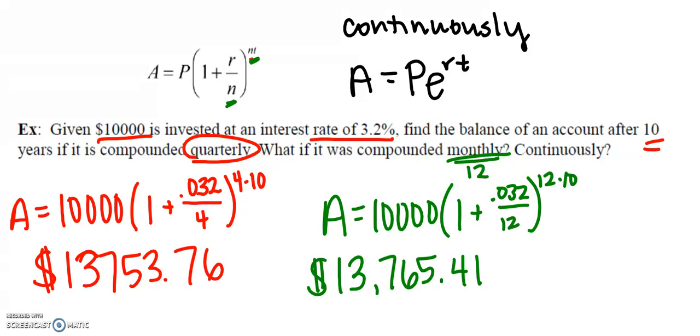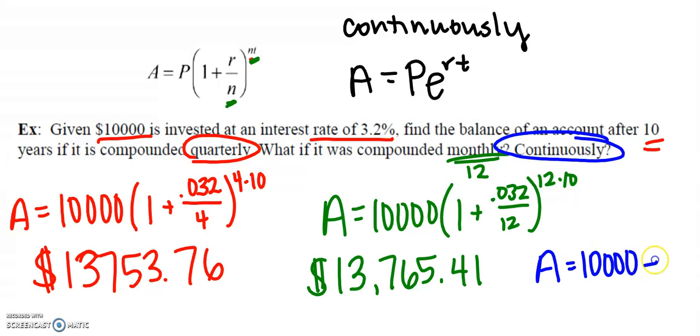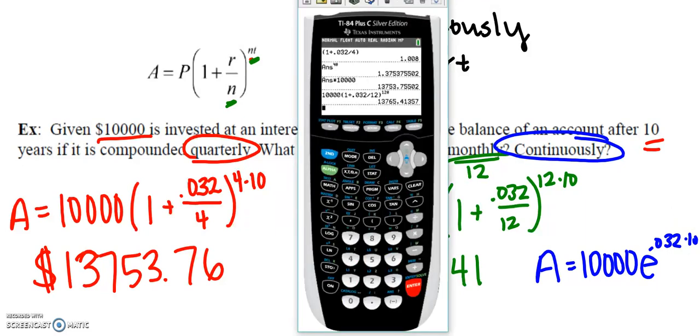Hopefully you answered yes. So let's see what happens if we compound our interest continuously, which is something that actually happens in a lot of investment concepts, especially when calculating interest. So we're going to have our 10,000 e to the 0.032 times 10. Being very careful with my calculator, I'm going to start with my exponential part.